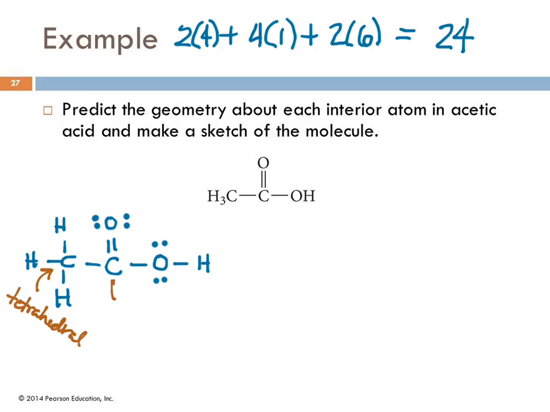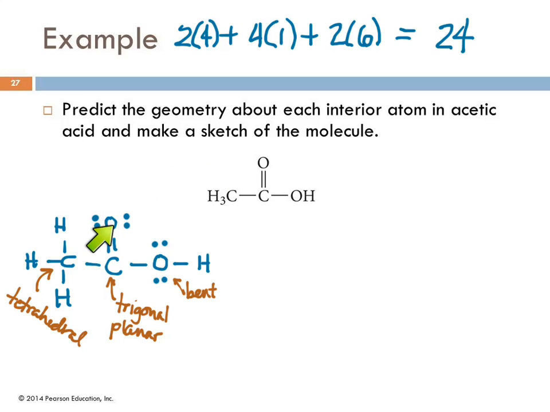That one will be trigonal planar. There are 3 groups and no lone pairs. So the electron geometry is trigonal planar and the molecular geometry is trigonal planar. How about this oxygen? The electron geometry is tetrahedral, but there's 2 lone pairs, and so the molecular geometry is bent.